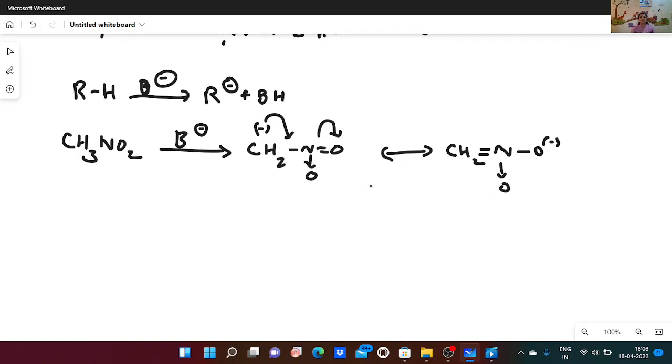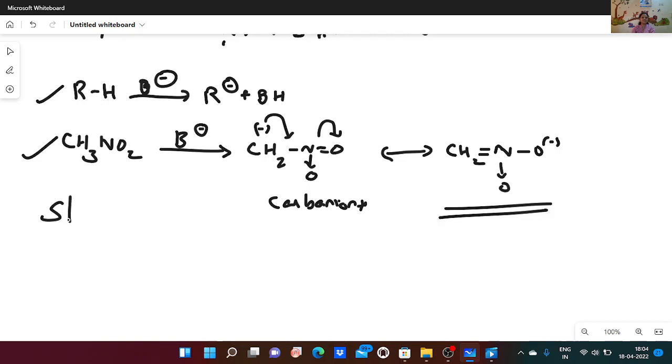So this is a method you can write. This is the carbanion, and this carbanion is stable by resonance. Any one of these two reactions you can give as an example for preparation, either from nitromethane or from RH simply. So this is preparation.